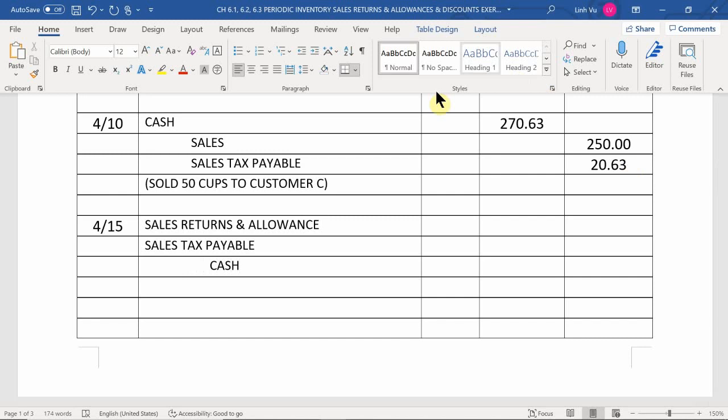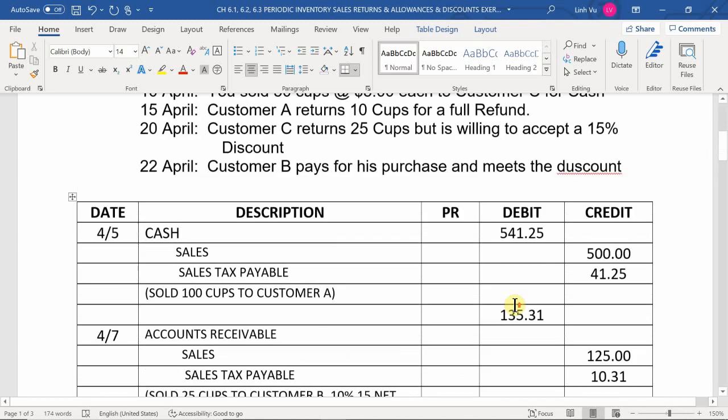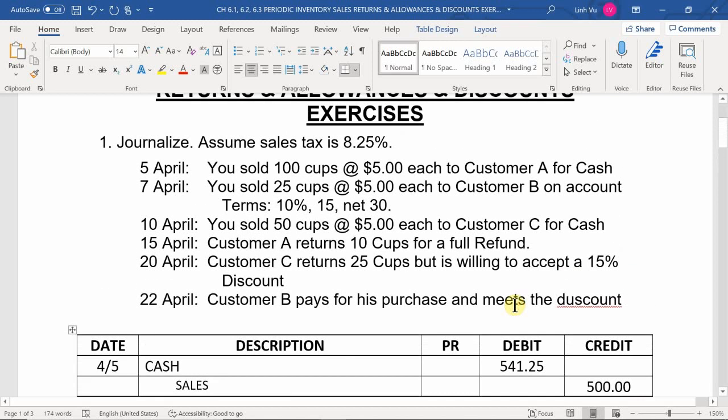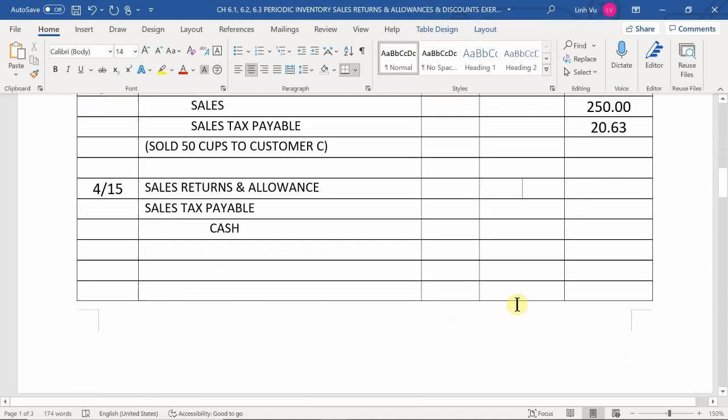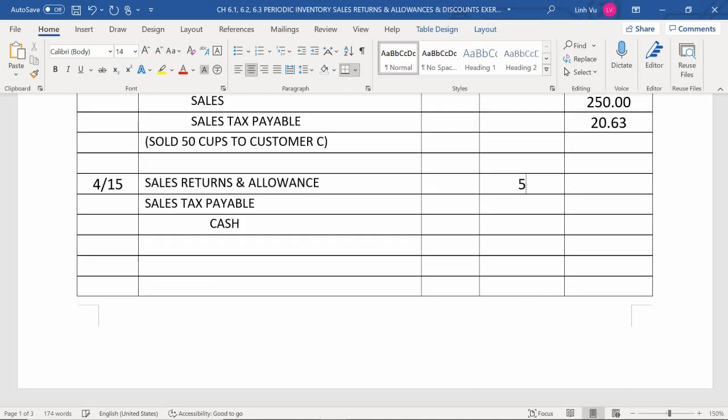So if they're returning 10 of those cups, how much am I going to actually return? Each cup originally cost $5, and they're returning 10 of them. So $50.